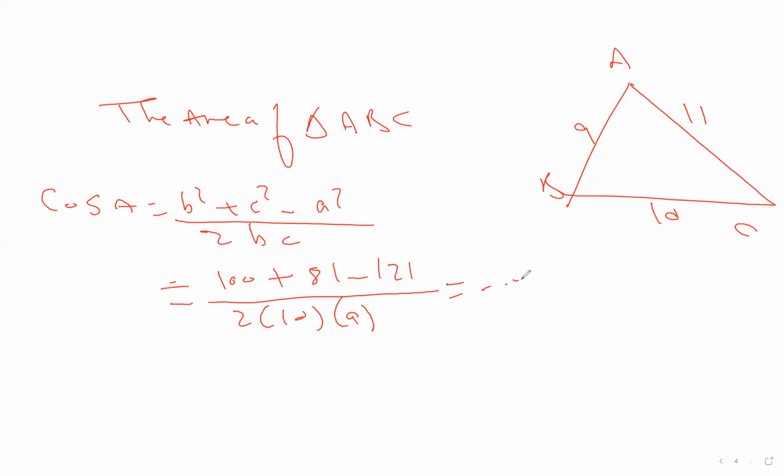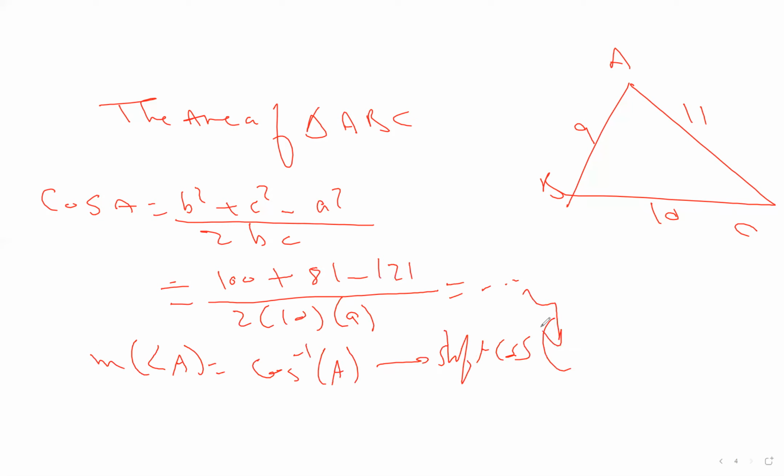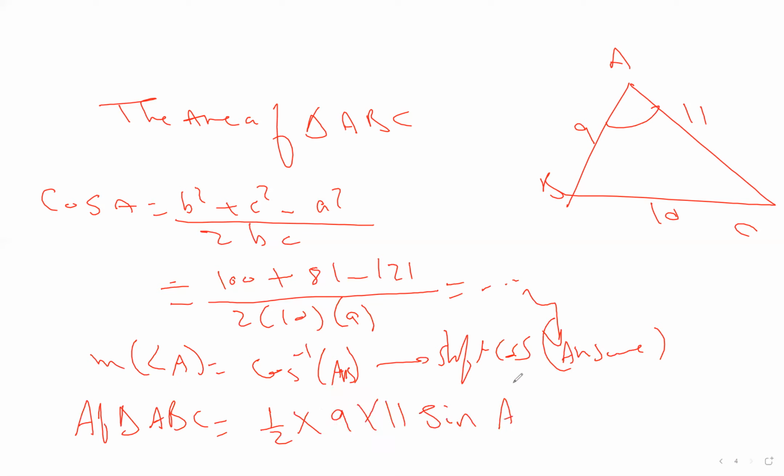From this result you can find the measure of angle A by using cosine to the power of negative 1, or shift cosine of this answer. And when you have the angle, you can use the rule: area of triangle ABC equals half times 9 times 11 times sine A. And already you have the measure of angle A from the previous step.